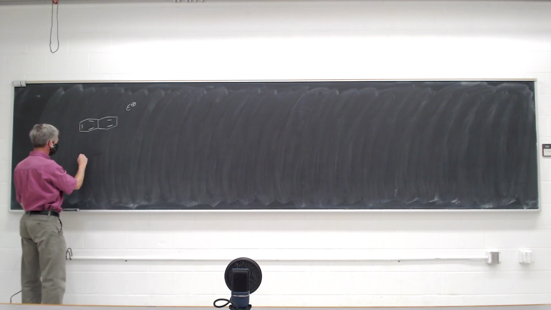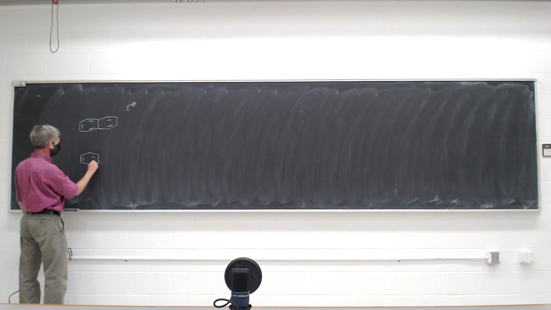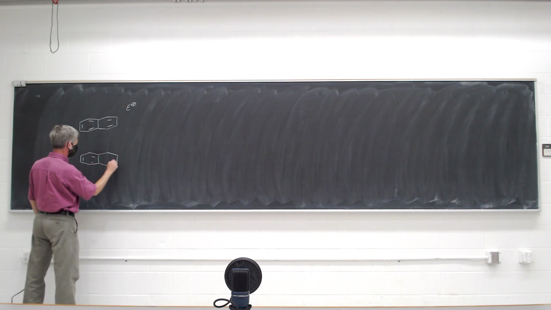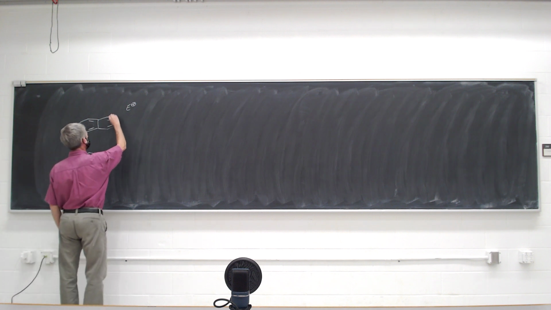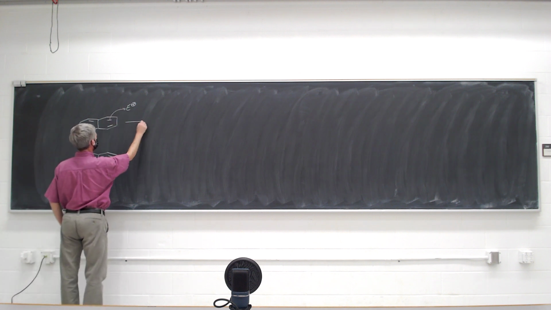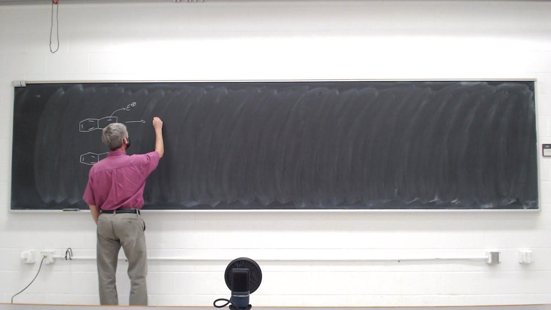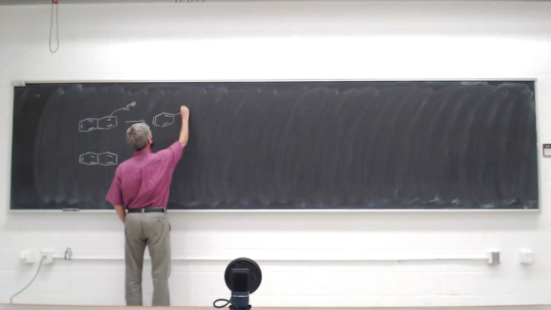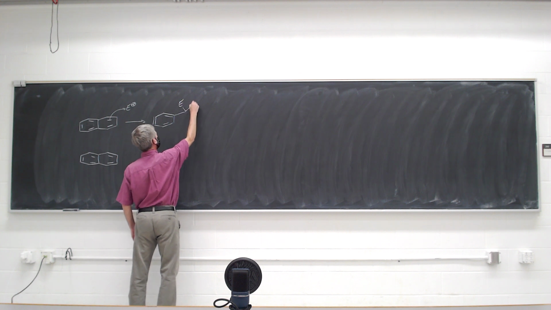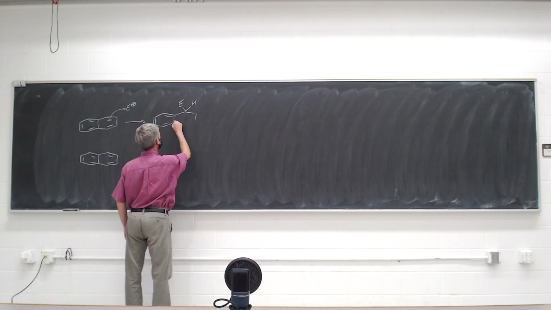And we want to attack that electrophile in the possible positions that it could be attacked, and then compare the stability of the intermediate. So we're going to attack that electrophile and put it in the one position. So we've broken the aromaticity of that ring.